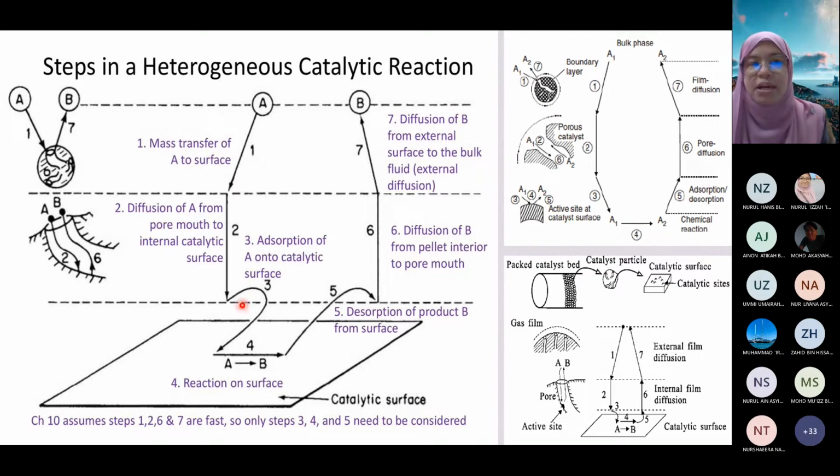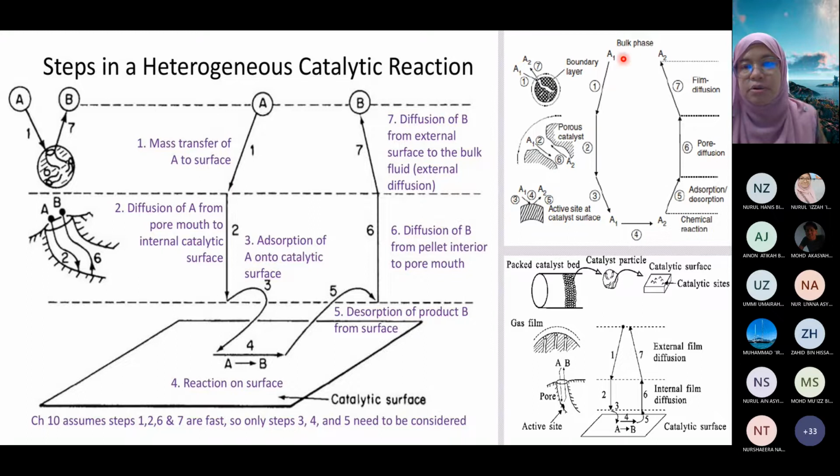Itulah dia punya statement. So yang ni you kena tahu step by step from step 1 until step 7. So yang ni more simple lagi, more simplify compared to this one. Tapi kalau detail explanation, this is the detail explanation how the catalytic reaction occur.